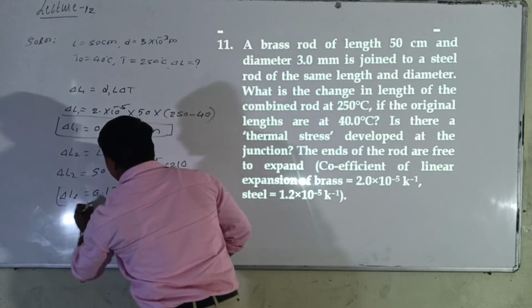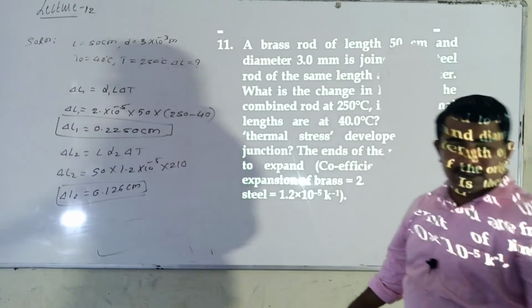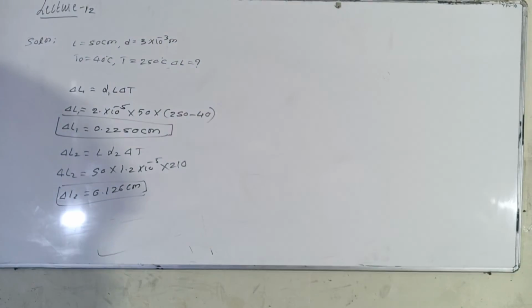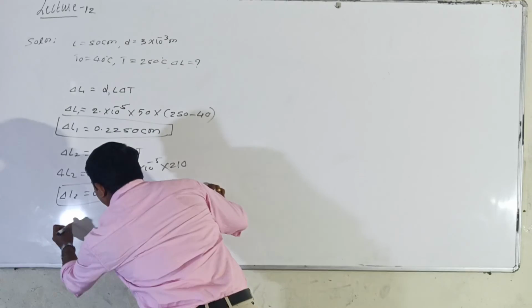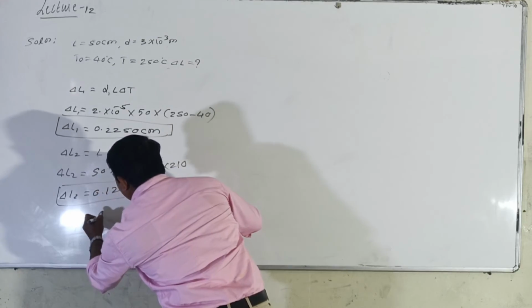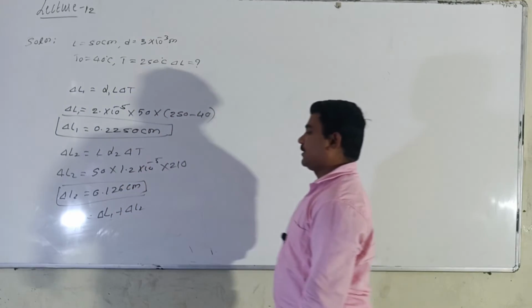This is delta L2. What is the combined length? I need the combined change in length because I need the combination of combined rods. For the combination of combined rods, delta L is equal to delta L1 plus delta L2. Right?